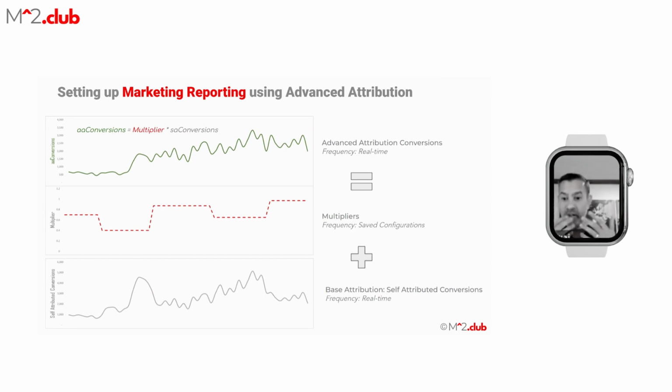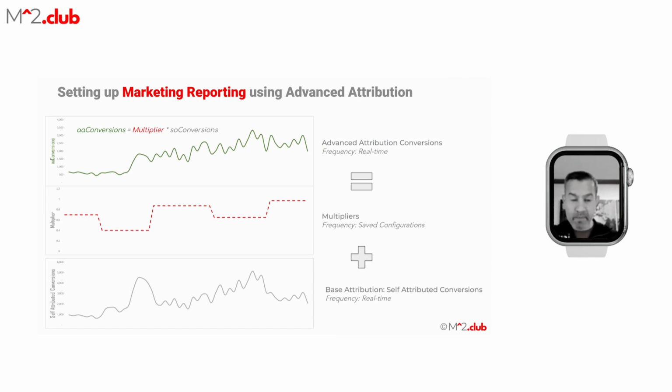Basically you take the baseline attributed conversions coming from Facebook, multiply them with the multiplier we got from the diversity of tests, and then report the Facebook program in incremental terms using the combination of the two. The formula is very simple: advanced attribution conversions, AA conversions, equal multiplier times SA conversions, or platform conversions. Very simple. This is the basic concept.